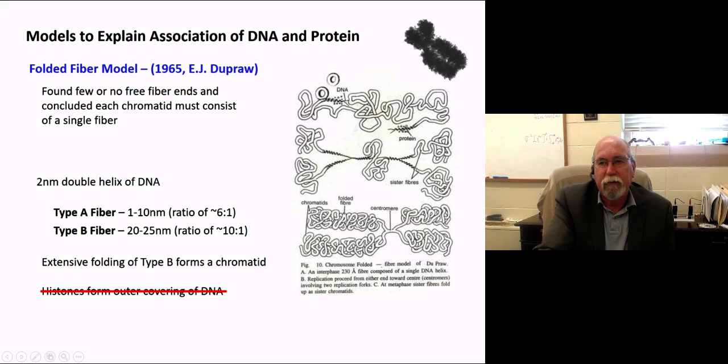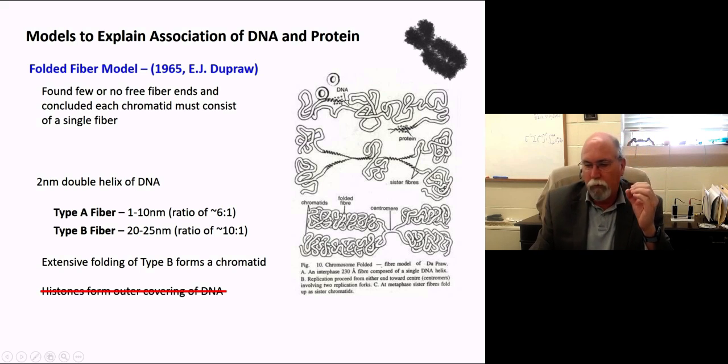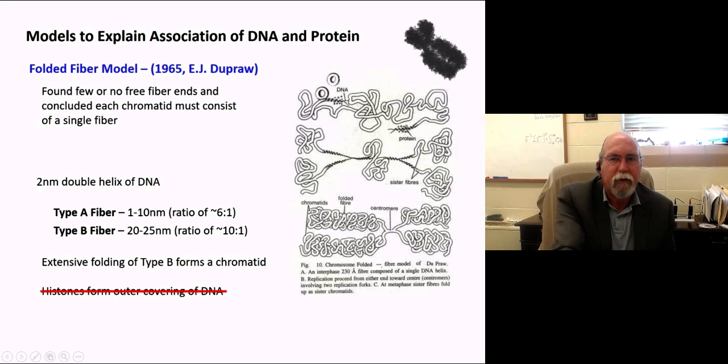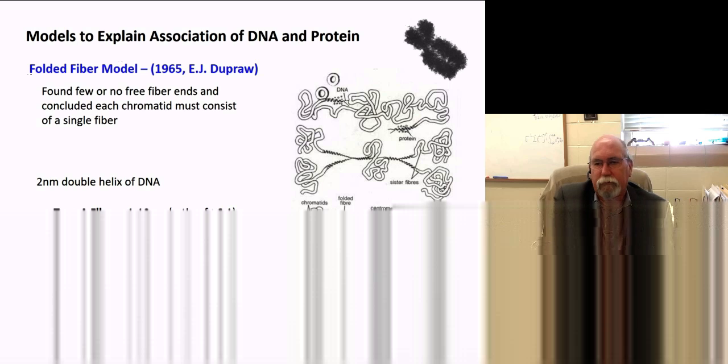The basic idea here is that these specialized proteins called histones form a core of the chromosome, and that the DNA is somehow in the center of that core, like this. So you had this outside area, and the spherical DNA was in the middle, and that's clearly not correct. We know that's not the way chromatin, or these beads on a string, appear.